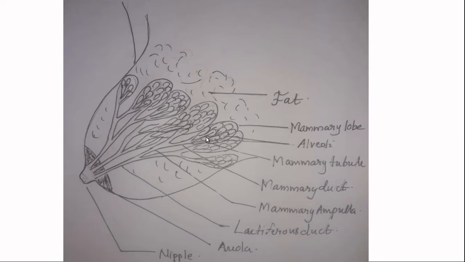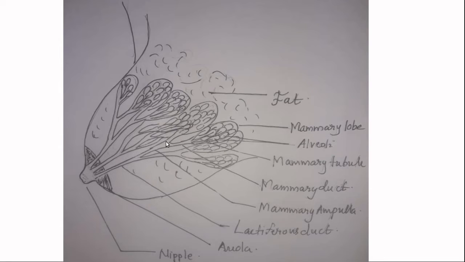From each alveolus arises a very minute tube called the mammary tubule. The mammary tubules of all the alveoli of each mammary lobe join together to form the mammary duct. Now the mammary ducts of different lobes join together to form another common duct. It is called the mammary ampulla.